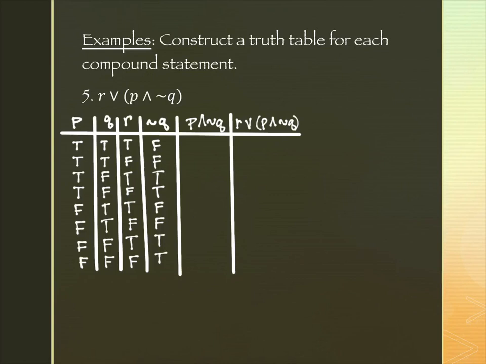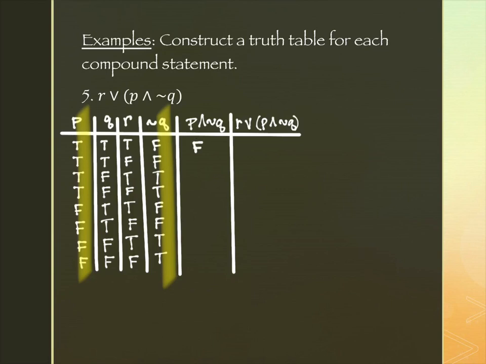Okay, the next column combines the tilde Q that I just created with the P column at the beginning. So it's these 2 columns. And I'm going to be doing what kind of statement? An and statement. When is an and statement true? Both are true. So if there's any false in the line at all with those 2 statements, then it'll be a false statement. So along the top, I have true, false. What's true and false? False.